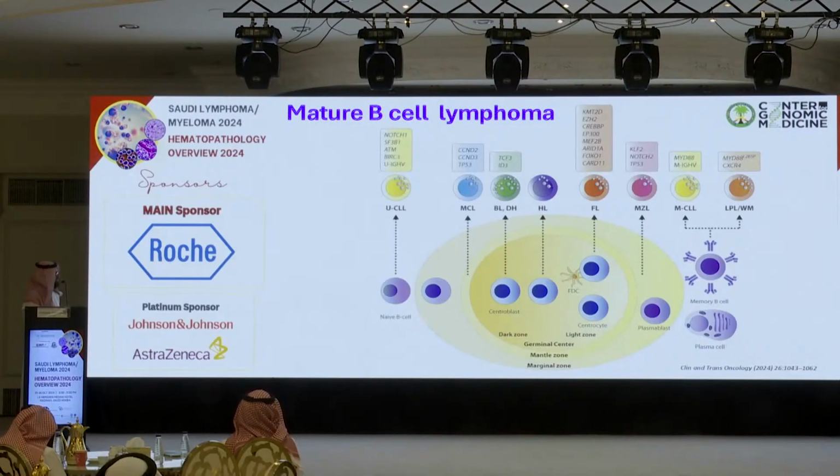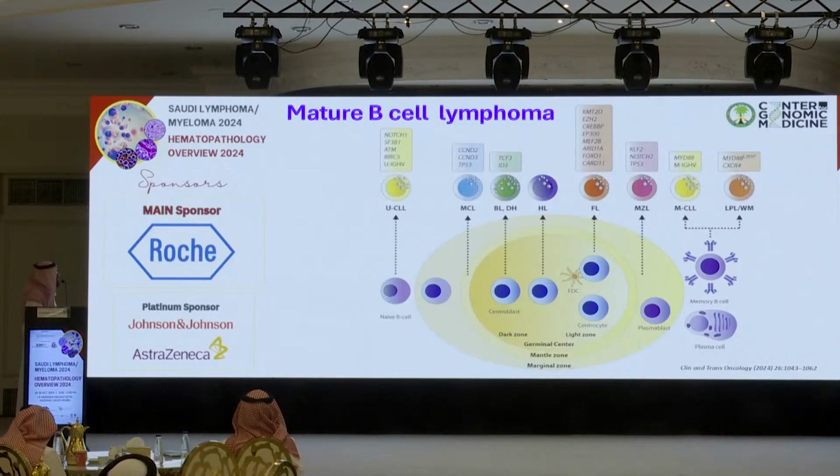Follicular lymphoma, we described the mutations, especially EZH2 and many chromatin modifying agents. Marginal zone with KLF2 and NOTCH1, TP53. Mutated CLL is enriched with MYD88. So this is why MYD88 is not specific. It can be seen also in LPL, MYD88 and CXCR4 in Waldenstrom macroglobulinemia. So this is mainly the mature B cell.